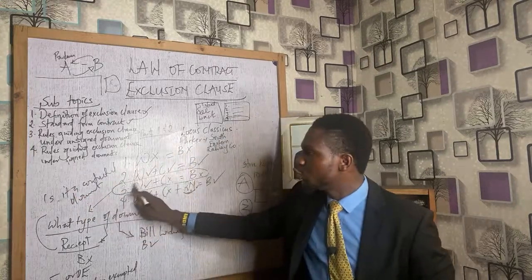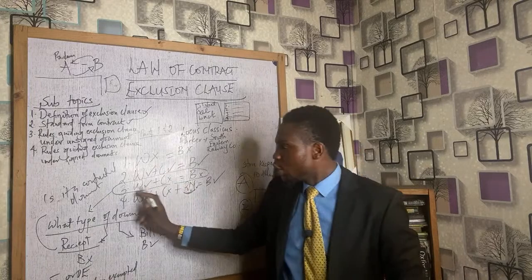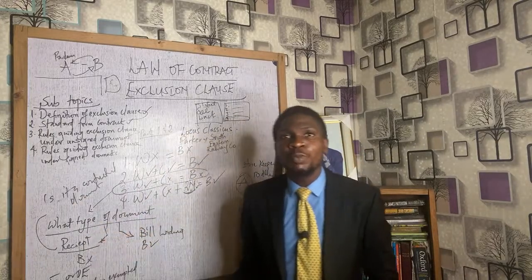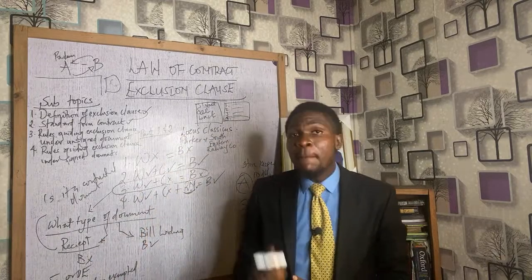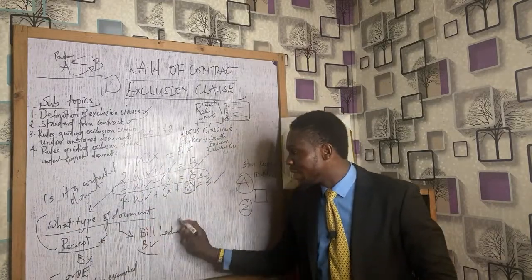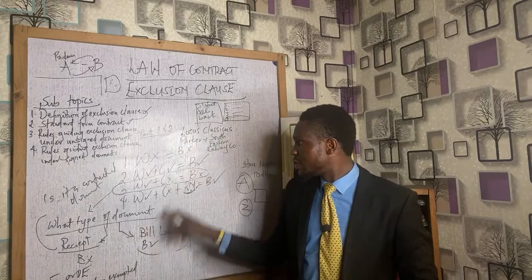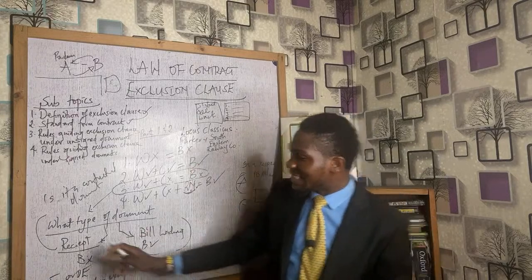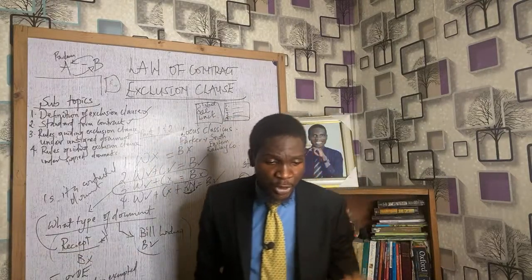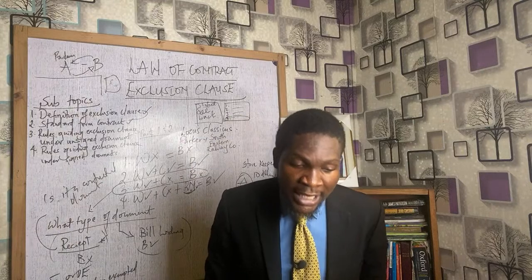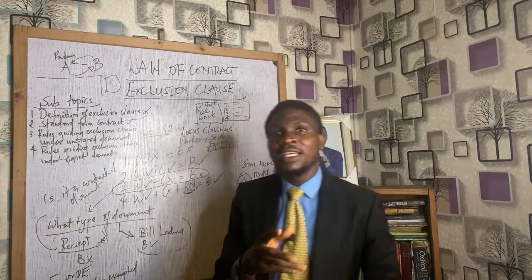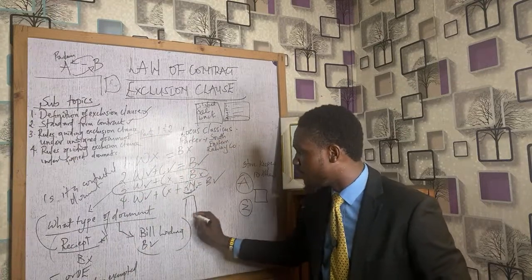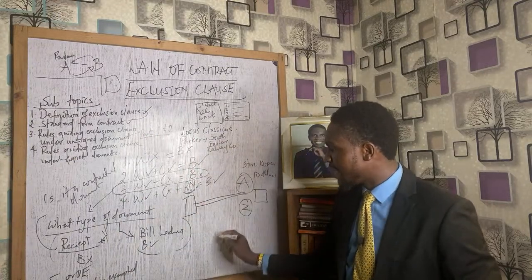So for this rule number 3 to apply, you have to ask what type of document it is. Is it a contractual document that was part of the negotiation? Because if it is, then it will be assumed that he has the notice, and then he will be bound, right? But if it isn't a contractual document, for example, in Thornton versus Shoe Lane, it was an automatic car park. So there is no person standing there, you know the way car parks are now, that you're going to have a box here, then you have a line, then cars will come here.